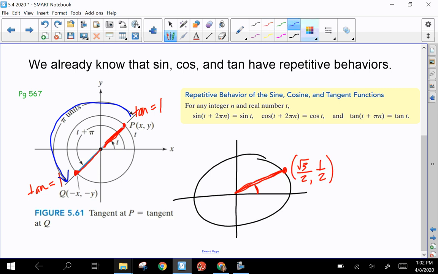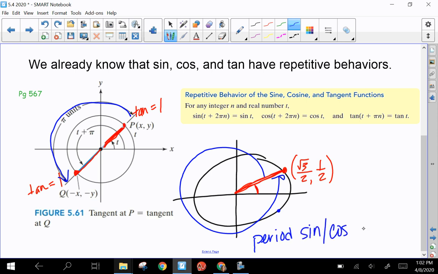There will be some repeated values for root 3 over 2 to happen again. Positive root 3 over 2 for our cosine happens here again, but that's not a regular interval, because it only takes this far for it to occur again. So we say that an entire revolution is how long it takes for that value to come about again. That means that the period for sine and cosine is 2 pi.